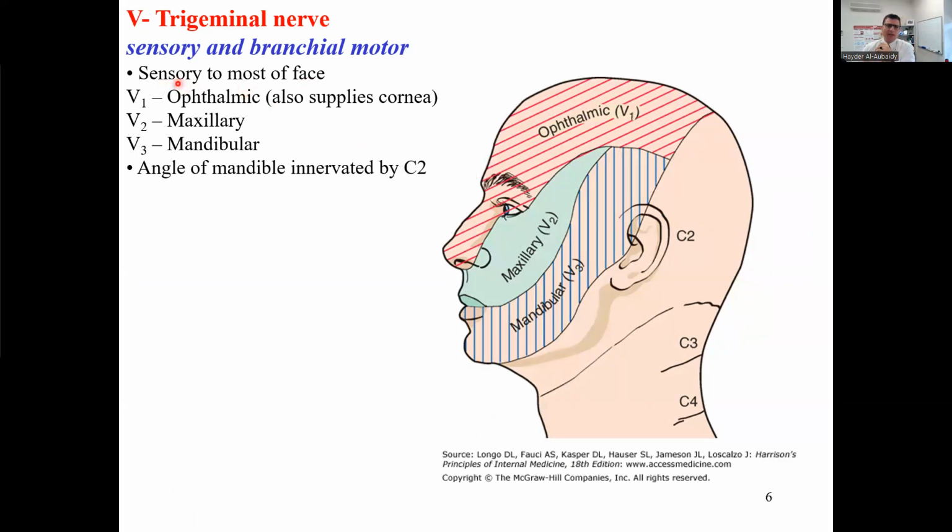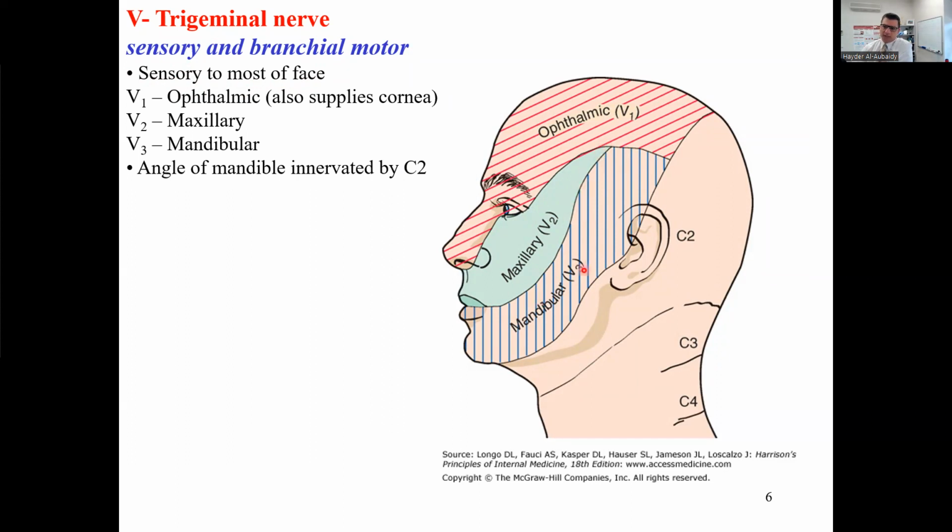Starting with the sensory function of the trigeminal nerve, in week 2 we said that there are 3 main divisions for the trigeminal nerve. These include the ophthalmic, the maxillary, and the mandibular. These 3 divisions carry the sensory input from the face.